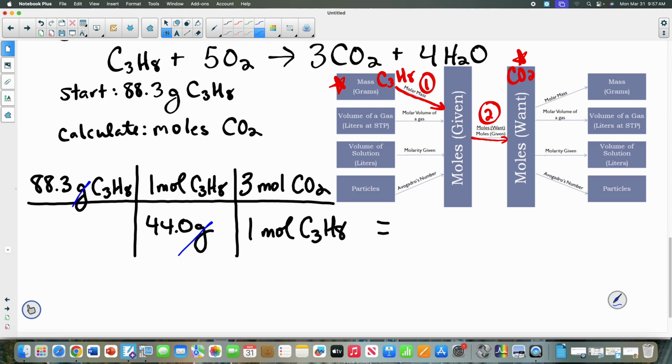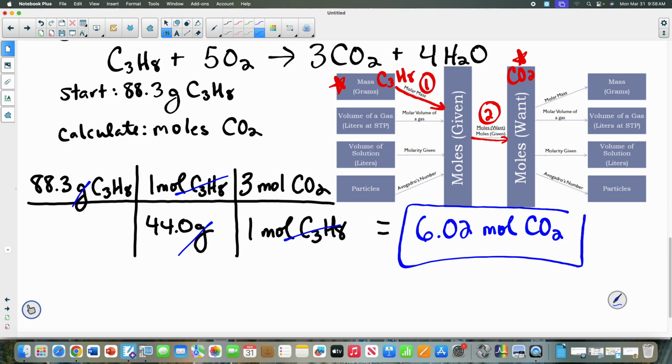Cancel grams, cancel moles. It's about 6, I guess. Three sig figs, 6.02.